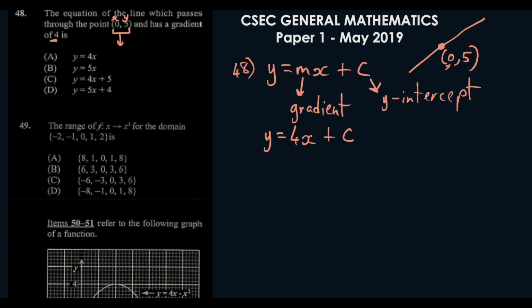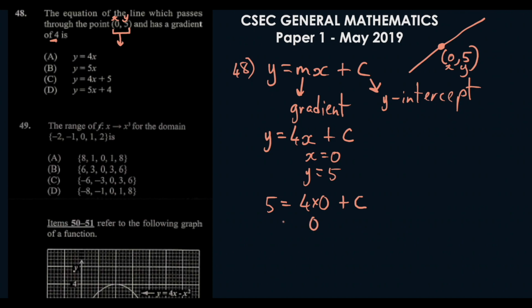So if we were to replace x with 0 and y with 5, since x in this particular point is 0 and y is 5, we could work out what the y-intercept is. So if I replace y with 5, I will have 5 is equal to 4 times 0 plus c. What's 4 times 0?